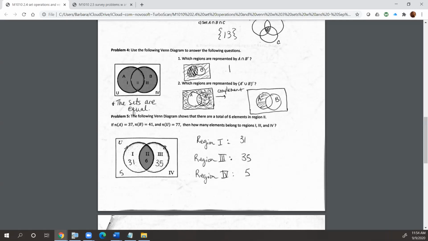The complement of what is shaded is what is not shaded, which is the half moon shape. Again, it's region 1. So these two problems both are represented by the same region, hence these two sets are equal.